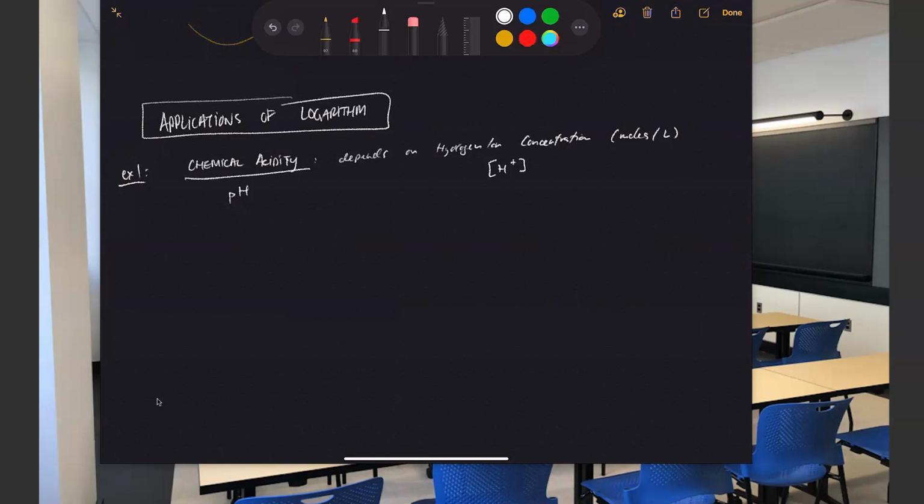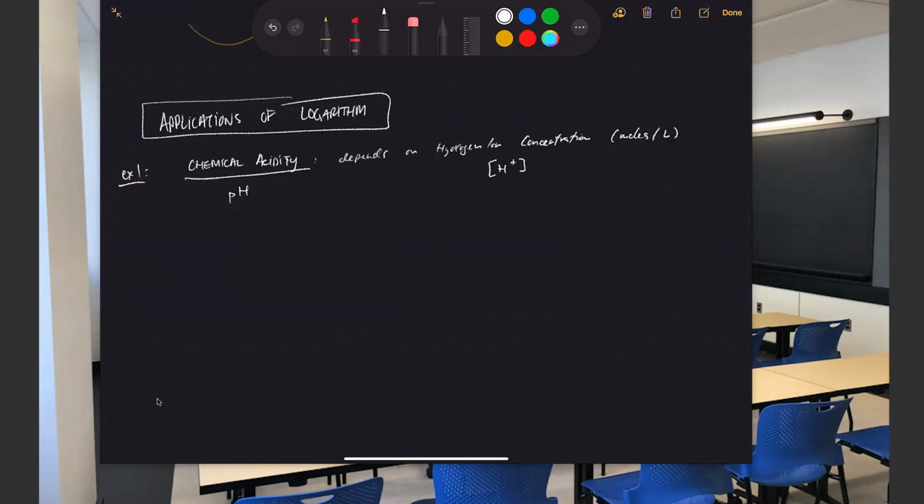What this really represents is the concentration of hydrogen ions. This number is typically measured in moles per liter. It's a range from 0 to 1, but we map that to this index called pH, which again tells us how acidic something is, with 7 being truly neutral water.